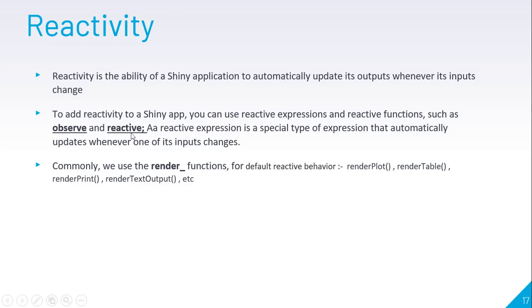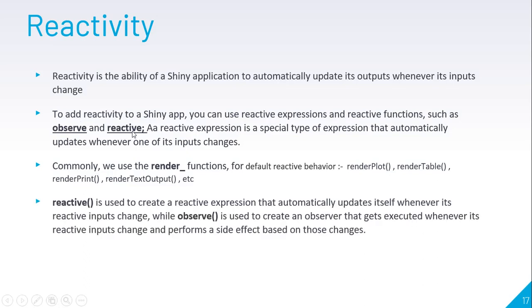How do they work? The reactive creates an expression that automatically updates itself whenever input changes. Then the observe creates an observer that gets executed when its input changes. For example, a button: if someone presses a button, something changes, so there we use observe.